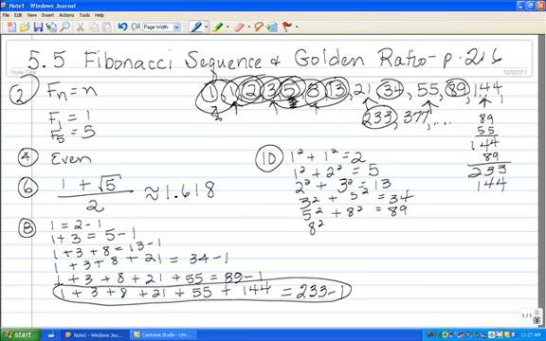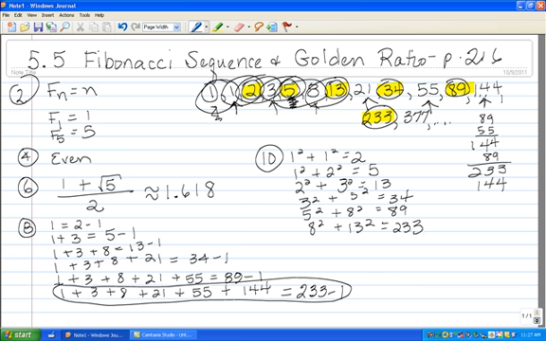So 8 squared plus 13 squared. Now, where are they getting the other numbers? Let's see, we have a 2, then a 5, then a 13, then a 34, then an 89. Looks like they're taking every other number, so our next one would be 233.